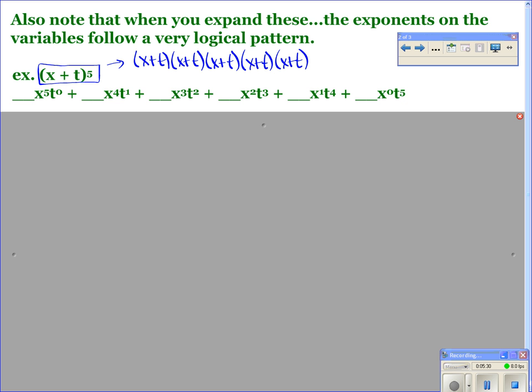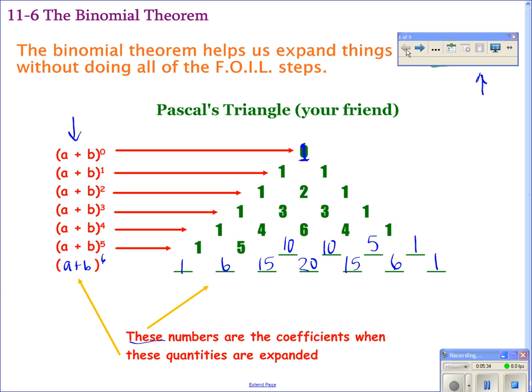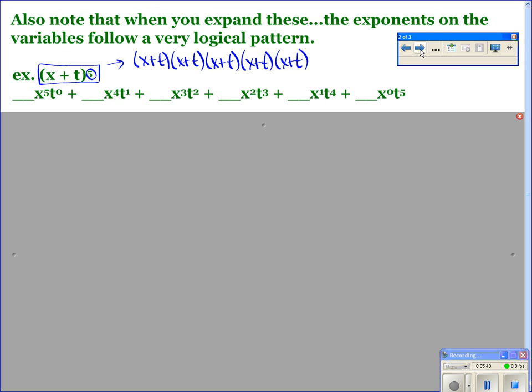So looking at the Pascal's triangle where we have a 5, these are the numbers that we put in those blanks. And then we're done with the problem. And you didn't have to do any foiling or anything like that. So what are those numbers?